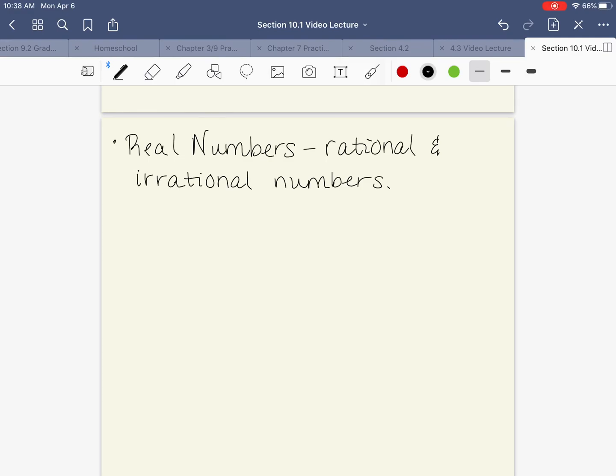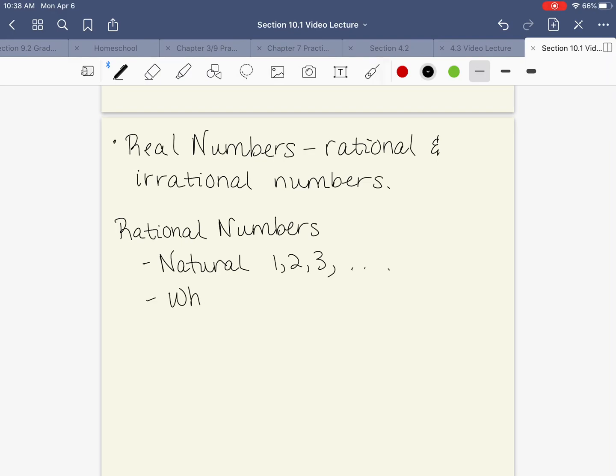Okay, and so rational numbers consist of natural numbers. So those are your counting numbers like 1, 2, 3, so on and so forth.